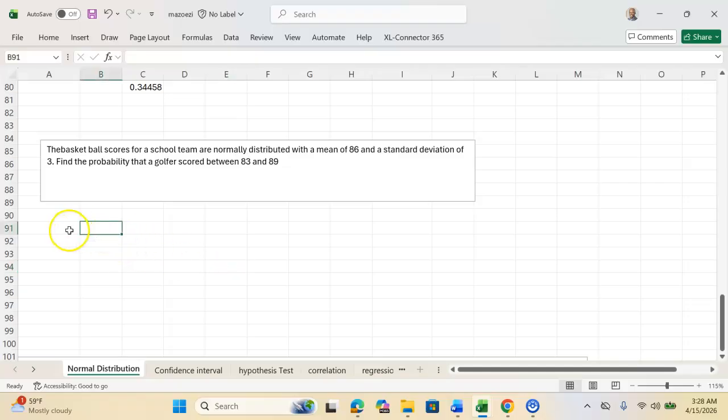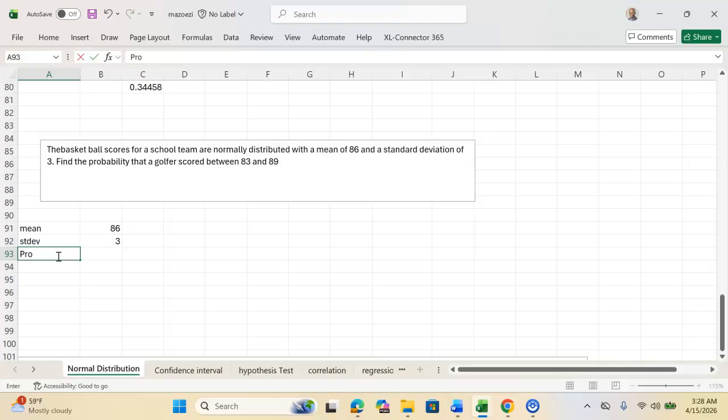So in this case, we are given the mean, which is 86, and the standard deviation, which is 3. And then we need to define probability.